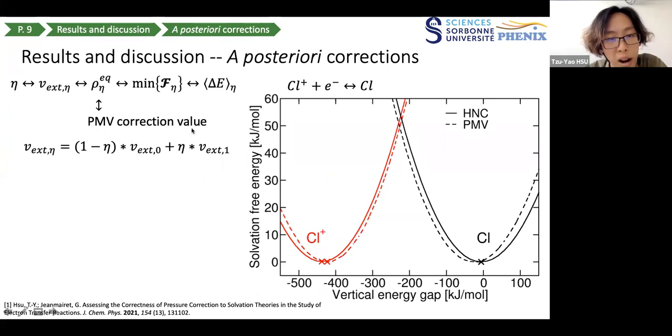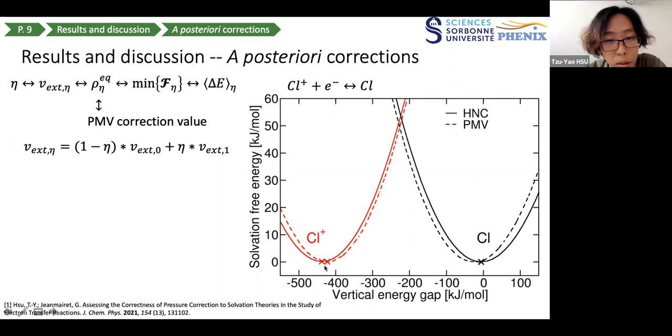And this value is actually the same for both curves. So let's take a closer look at the free energy profile of chlorine plus iron. We can see that upon applying the PMV correction, the minimum of the free energy profile is shifted a little bit.